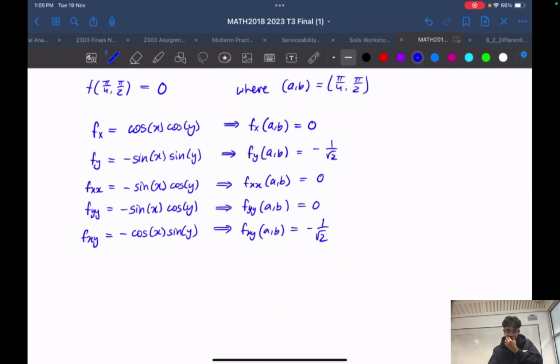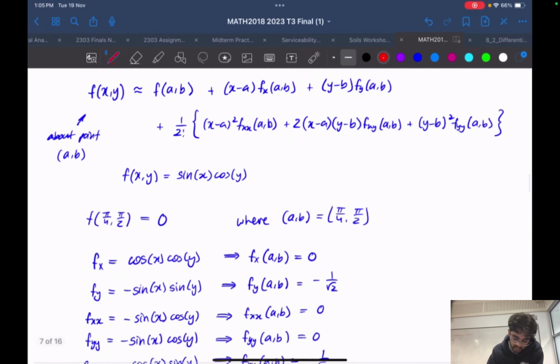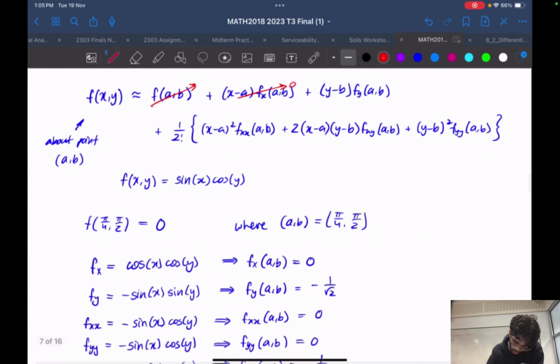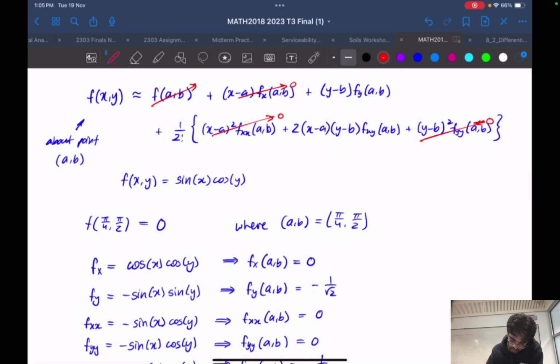Okay? So immediately, a bunch of the terms cancel out. This becomes 0, this becomes 0, this becomes 0, and this becomes 0. Alright? So we're left with this term and this term only.